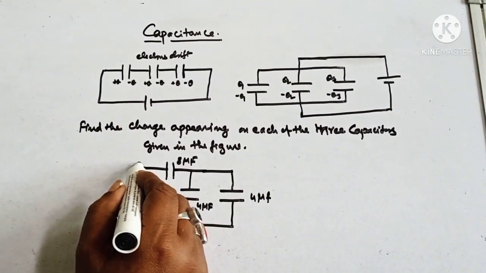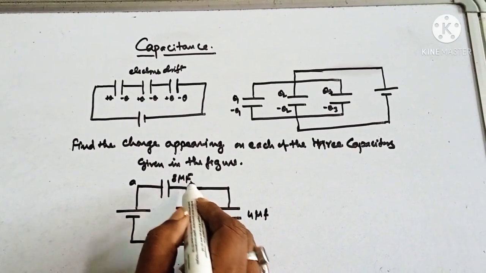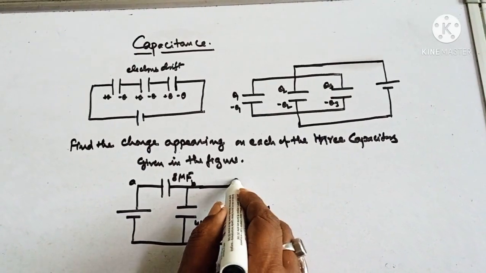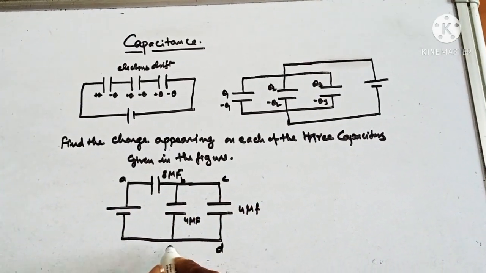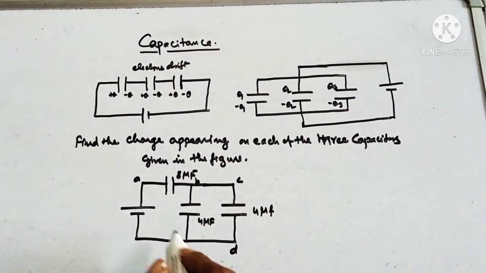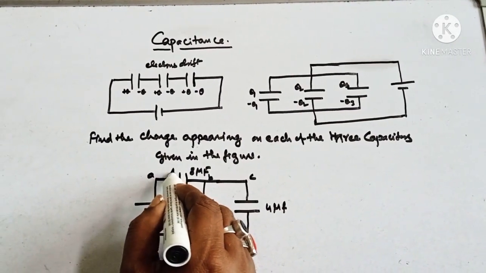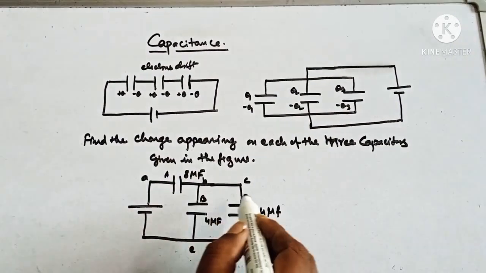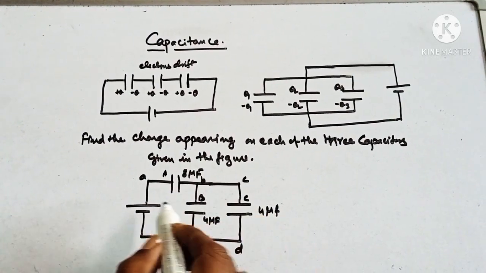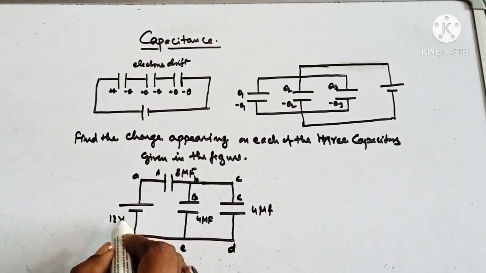So let these points be A, B, C, D and E. This is capacitor A, this is capacitor B, and this is capacitor C. So 12 volt.